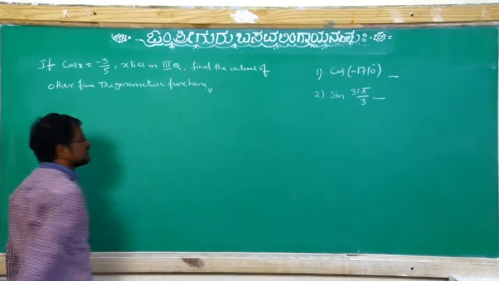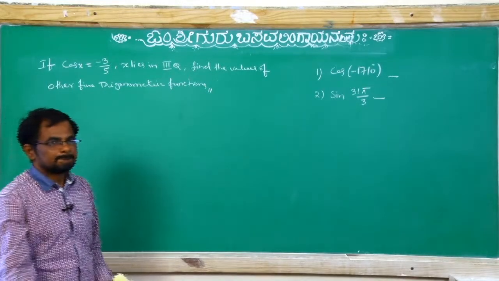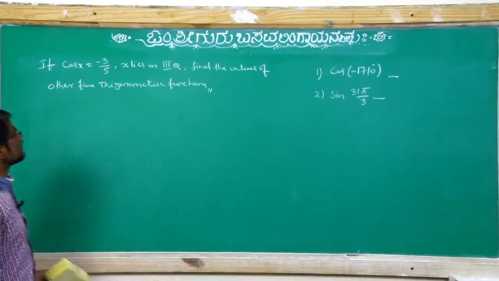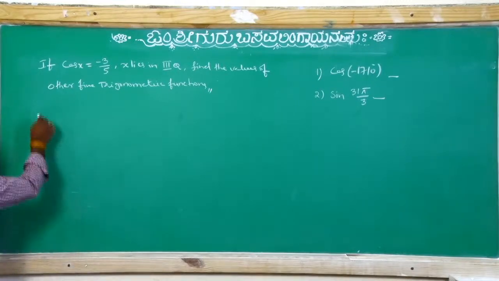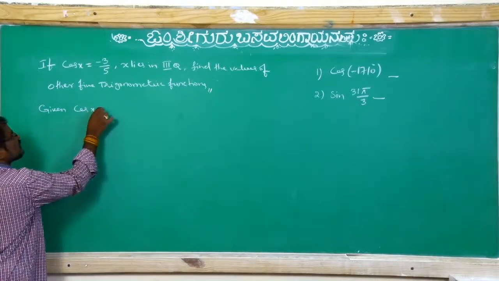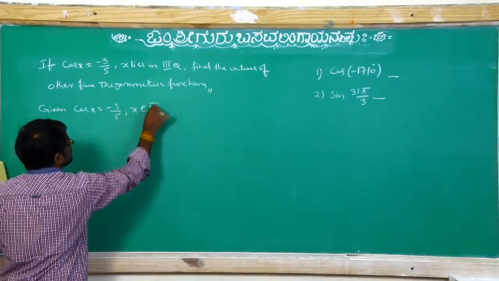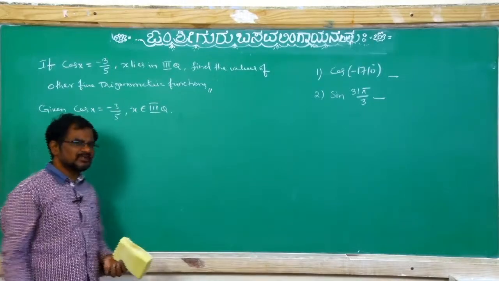The day before yesterday we did this. Listen here, what is given? Cos x equal to minus 3 by 5. X belongs to which quadrant? Third quadrant. Many methods are there.